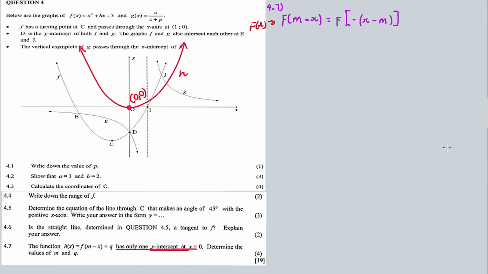So this is equal to taking out minus 1 as a common factor, so that x becomes positive and m becomes negative. Remember, f was once f of x, but now we change it to f of minus in bracket x minus m.